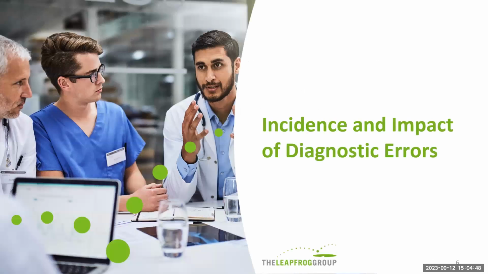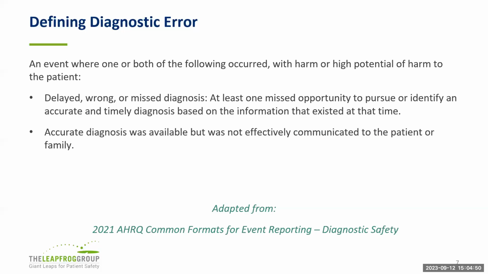Thanks, Jean-Luc. I'd like to start off by defining what we mean when we say there's a diagnostic error and review some of the data on the incidence and the impact of these cases. This is the definition we'll be using in our project: an event where one or both of the following occurred with harm or high potential of harm to the patient.